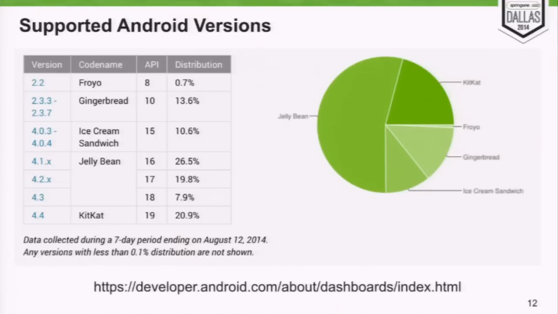In terms of supported Android versions, this graphic is from the actual Android developer's website. The Google Play app is now supported. The minimum version is down to Android 2.2. When we first released Spring for Android, we were supporting 2.1 and newer. Since 2.1 has been dropped, and it's not even showing up on the pie charts anymore, we're going to be raising our minimum version to Android 2.2 as well.